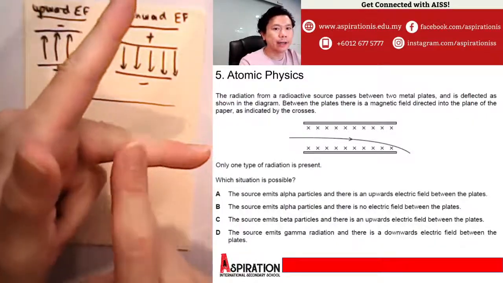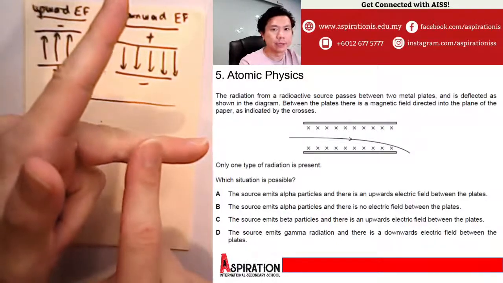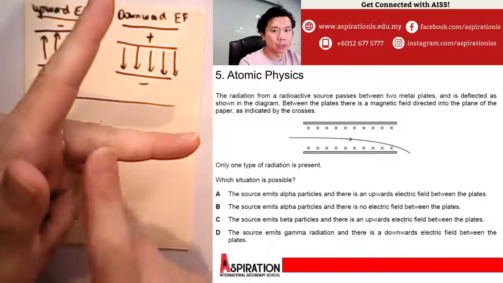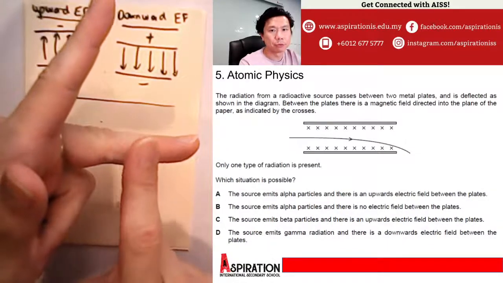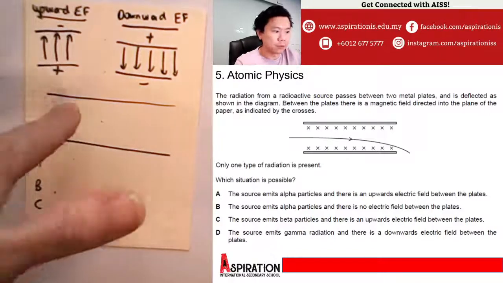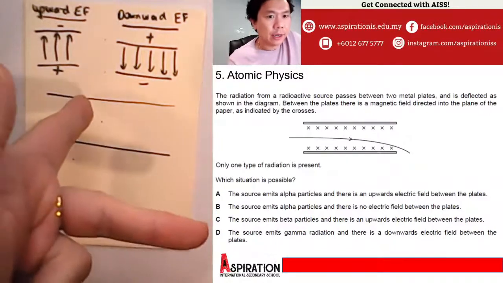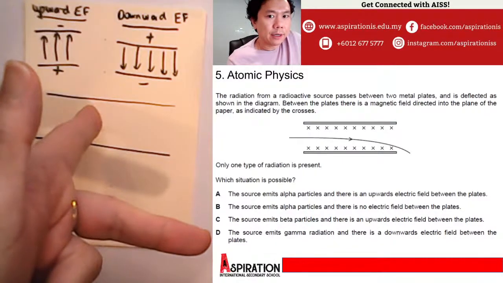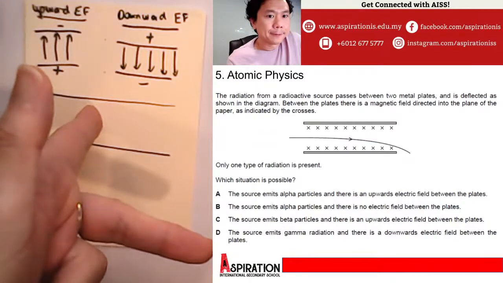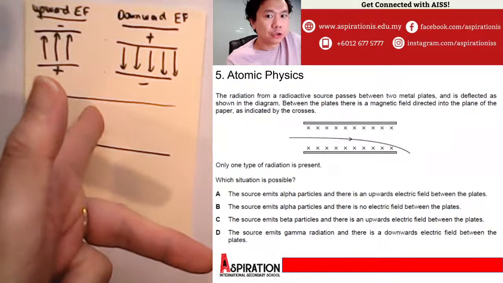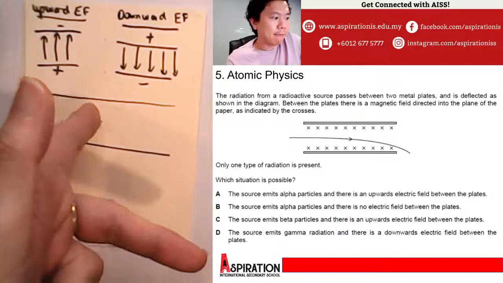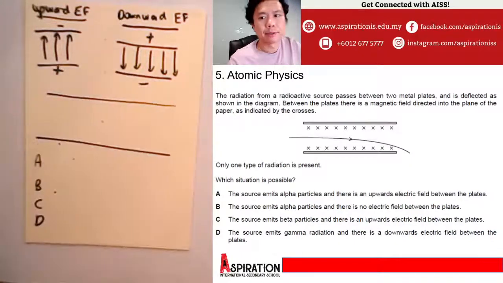The direction that alpha takes is the same as current. So if it's alpha, we still use our Fleming's left-hand rule. So magnetic field into the paper, and alpha, well, my hand shows that alpha particles should go up.